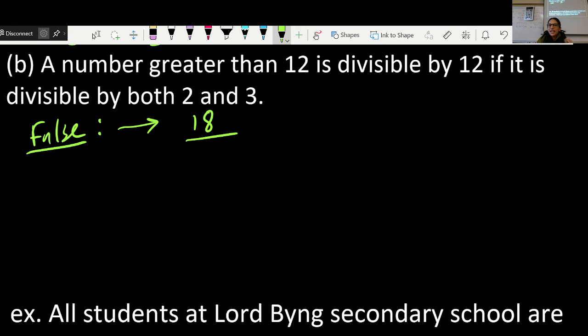Why'd you choose 18? Does 18 divide by 2 and 3? Yes, but it can't divide by 12. So this is our counterexample. We can say that this is false because 18 does divide by these two, but it doesn't divide by 12. Good. Do we understand that process?